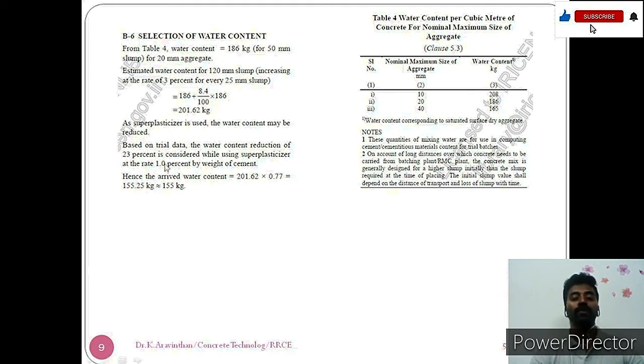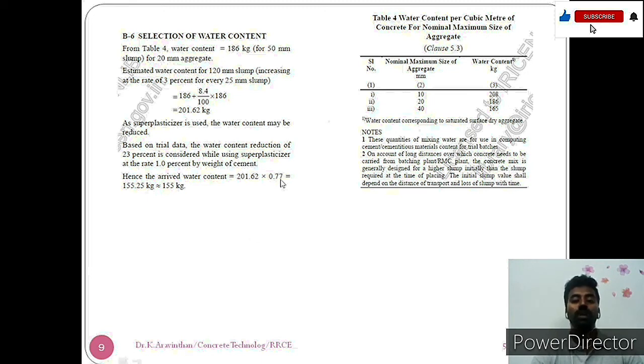So when we introduce 1% of plasticizer by the weight of cement, you can reduce the water content in the concrete by 23%. Hence, to identify the net water content, 100 minus 23 we get 77, and as a unit quantity that is 77 by 100, which is 0.77.